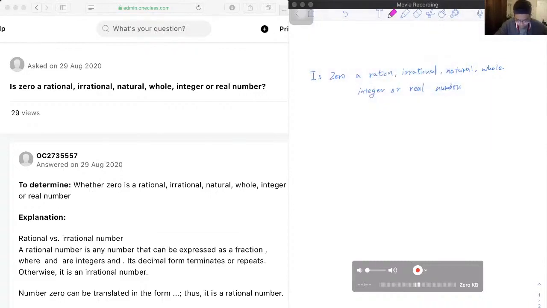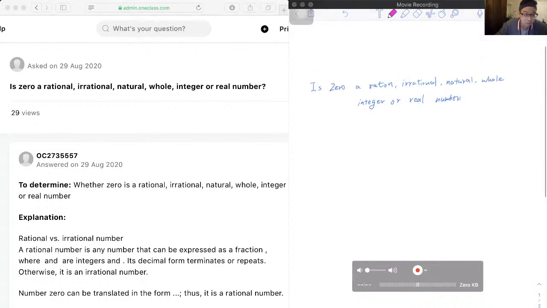So let's first define what these are. Let's first talk about rational numbers and irrational numbers.